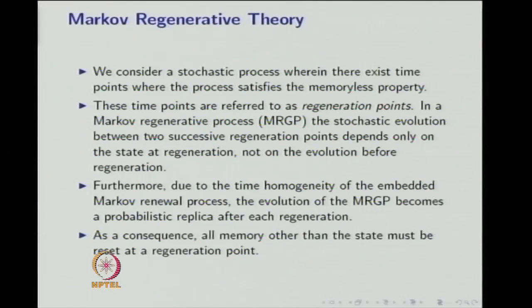We consider a stochastic process wherein there exist time points where the process satisfies the memoryless property. These time points are referred to as regeneration points. In a Markov regenerative process, the stochastic evolution between two successive regeneration points depends only on the state at regeneration, not on the evolution before regeneration.